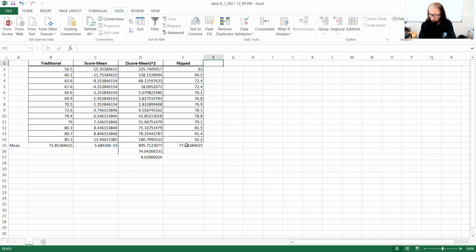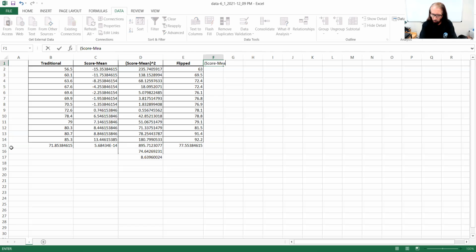Now, because the mean here has been computed by technology, I didn't really need to check whether that sum is 0 or close to 0 because of rounding.